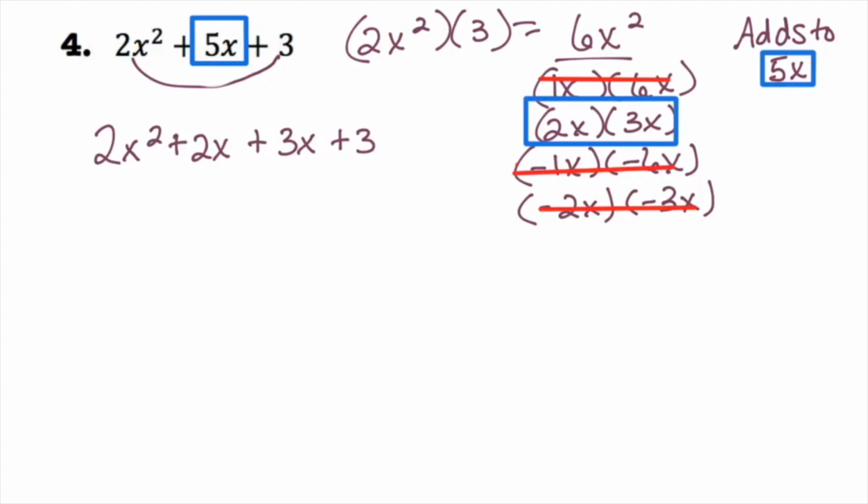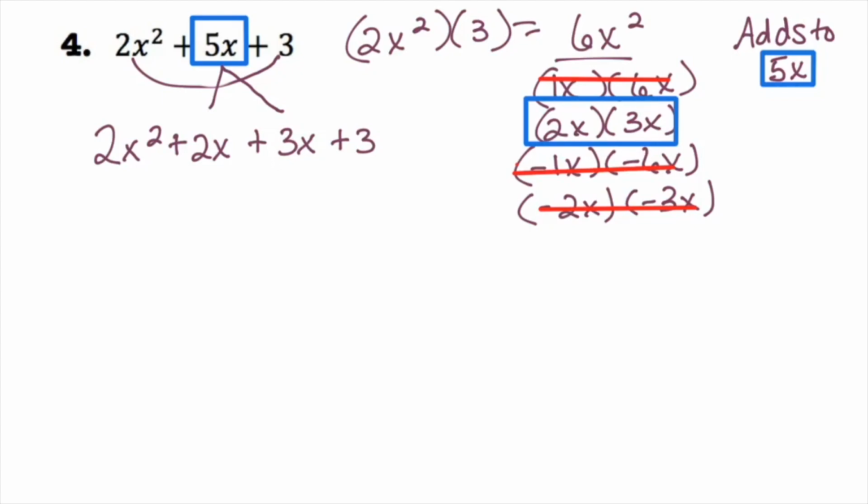So we're going to take 2x and 3x and put them in to replace the 5x from the original problem. So now we have 2x squared plus 2x plus 3x instead of 5x. So we just expanded that 5x out. Now I want to make sure you know that you're not just going to come up with 2 numbers that add to be 5x. It has to also multiply to be a times c.